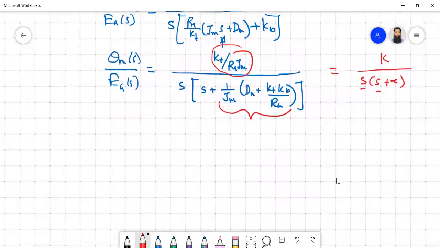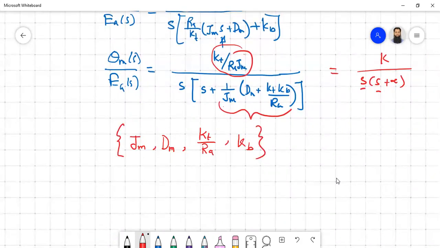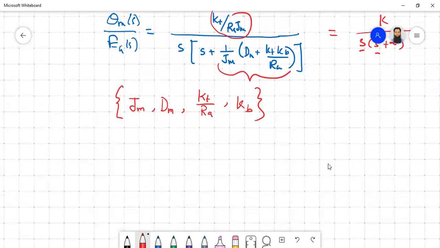If you want to find the transfer function, you have to find what is Jm and what is Dm. Then you also have to figure out Kt by Ra, as well as Kb, if they cannot be separated. So somehow we have to find a way to get the numerical values of these, and then we can actually go for solving the problem.